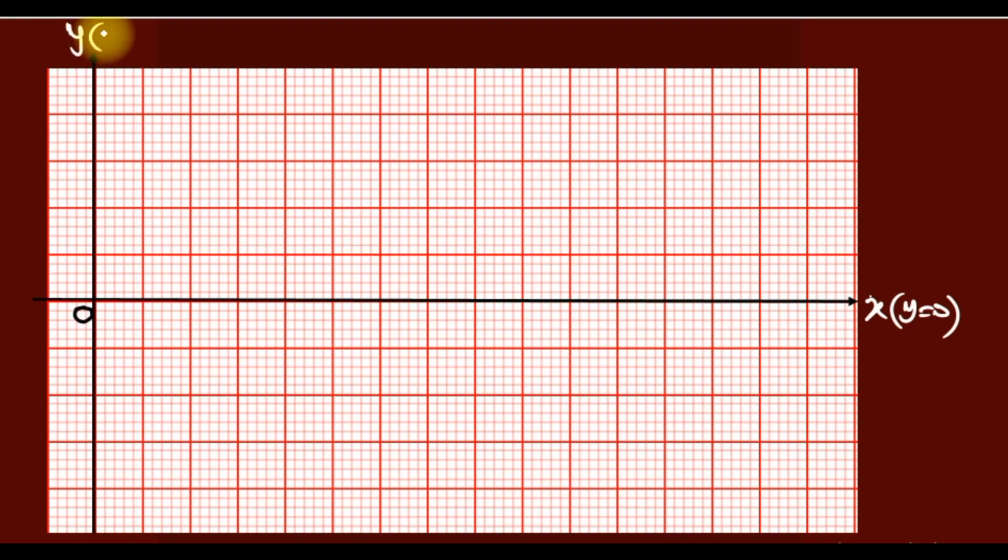That's 0. So that's our x-axis. Another name for the x-axis is y equal to 0. This is the y-axis, or x equal to 0. So we've located the origin, and the y and x axes.